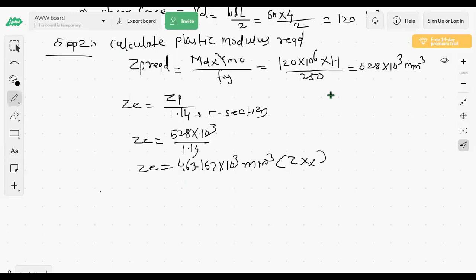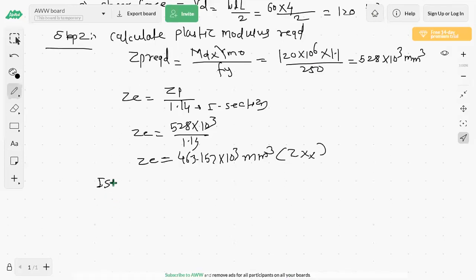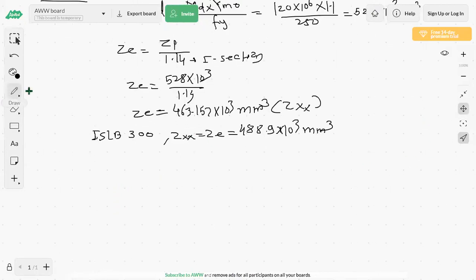Two more sections are available, ISWB 250 and ISHB 225, but we will choose this section, ISLB 300, having ZXX or ZE value of 488.9 into 10 raised to 3 mm cube. So this is the section.